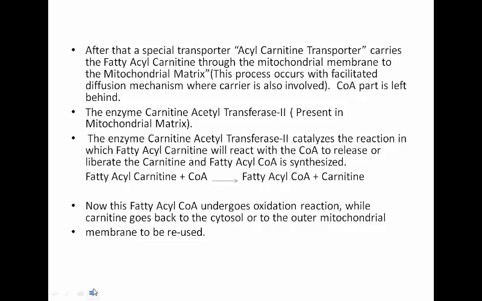Now the synthesized fatty acyl CoA will go to the oxidation reaction, and the liberated carnitine will go back to the cytosol or to the outer mitochondrial membrane, and that is now available for reuse.